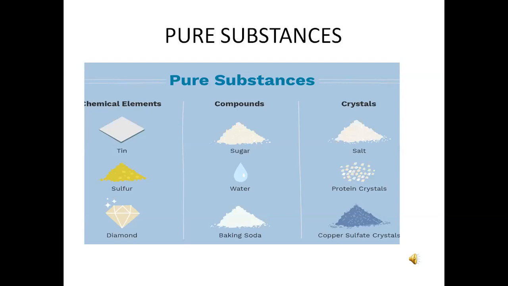Tin, sulfur, diamond are the same kind of elements. Next, a molecule is the combination of two or more atoms, and a compound is a substance formed by the chemical combination of two or more elements.